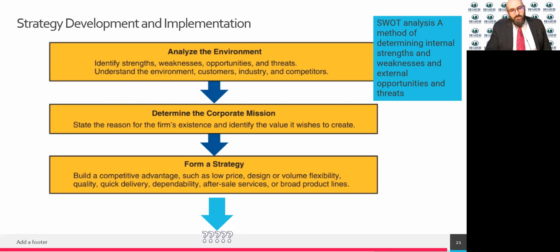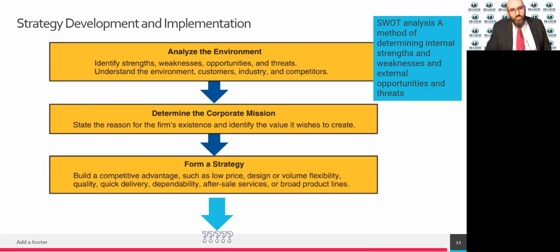We create the mission of the company, what we need to provide to society, how we make the future different, what our contribution to the future is. And then once we create the mission, we create the strategy, and we select the strategy, whether the low price strategy or the quick delivery, or maybe differentiating yourself from the competitors.